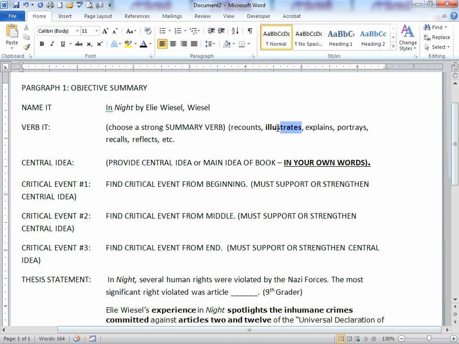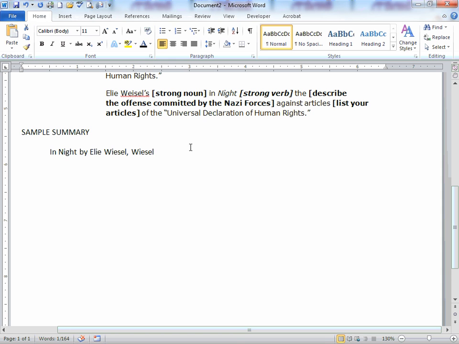I think I'm going to choose recounts, or reflects, on the horrors he experienced during World War II and his time in the Nazi concentration death camps.